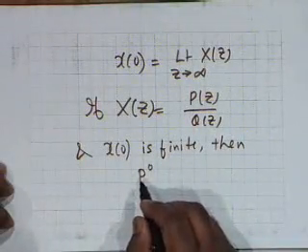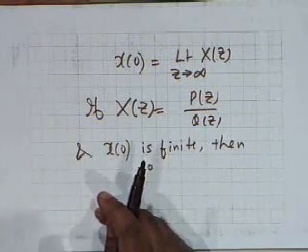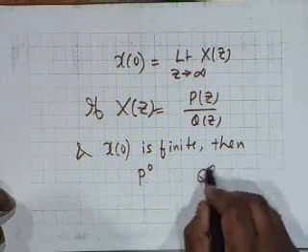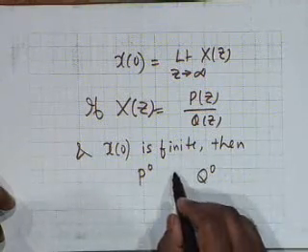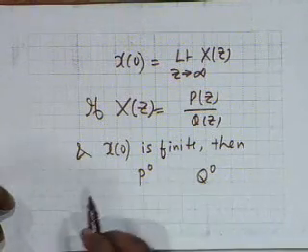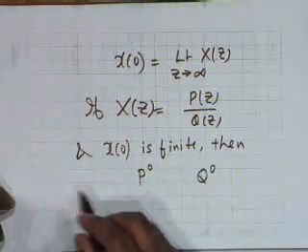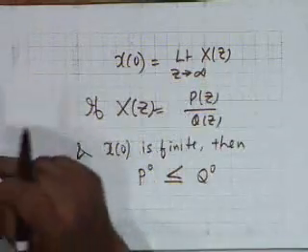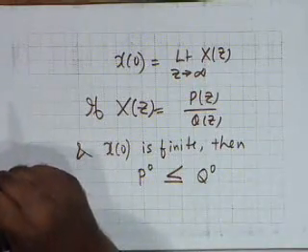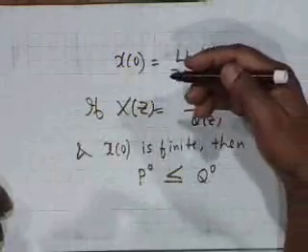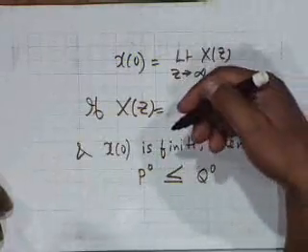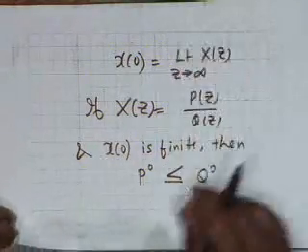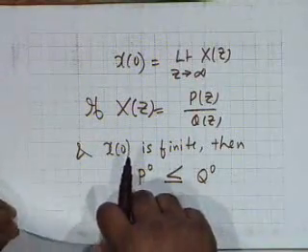Degree of p, which we denote, is less than... Degree of p and degree of q, they should be related by? Equal. Not necessarily. Finite may also mean 0. Less than or equal. All right. This is the consequence of the initial value theorem. Of course, if you see that the degree of p is greater than the degree of q, obviously there is a pole at z equal to 0. All right. So this is one of the consequences.